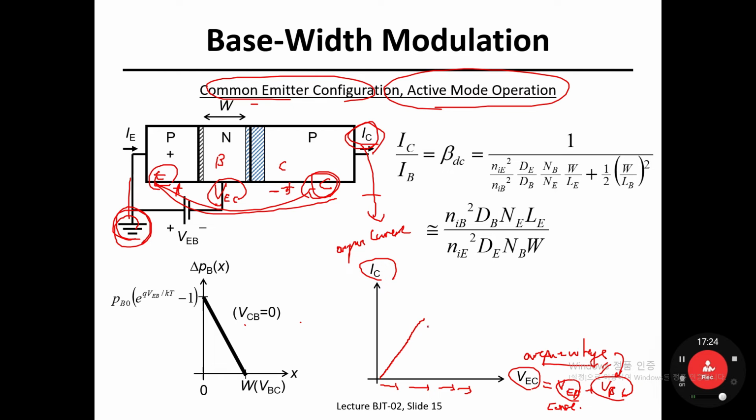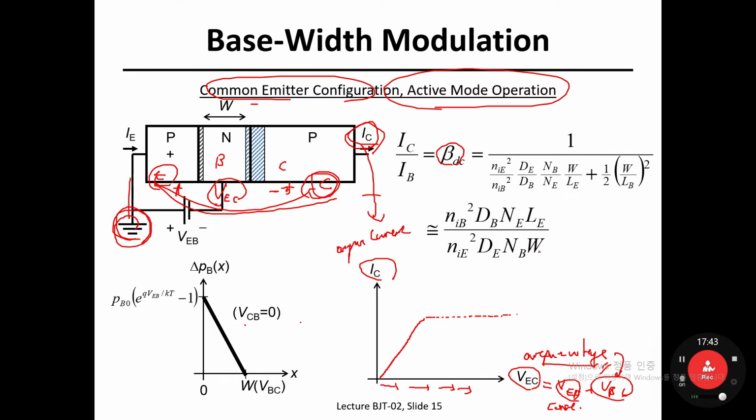So at the very initial stage, your BJT is working like a resistor, but in the end it is going to output a very saturated current. I mean that this beta DC would be constant.